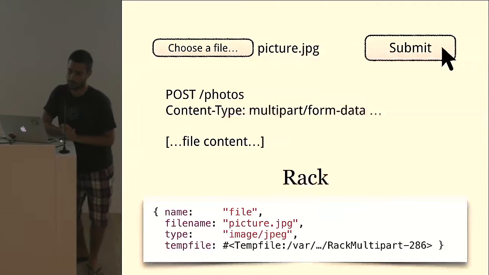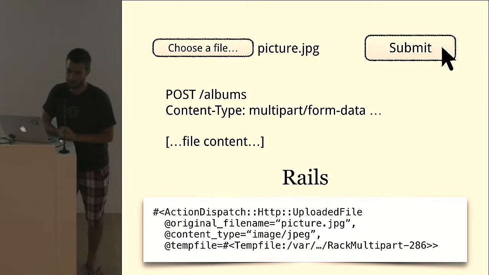On the server side, most of us are using Rack-based web frameworks. Rack will detect the file and present it as a hash. But you're probably most used to seeing this in Rails wrapped in an uploaded file object, which just wraps that hash that I showed before.